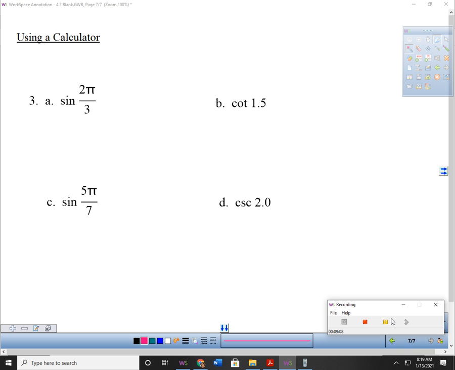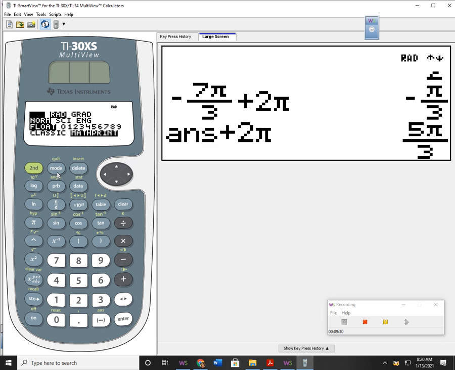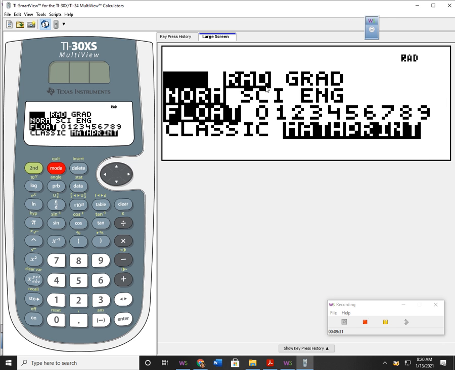All right, so now we're going to do this using a calculator. So first thing you want to make sure on your calculator is that you are in radians. You can tell that from up at the top. It should say rad. If it doesn't, you want to go to mode, and you want to change that to radians.